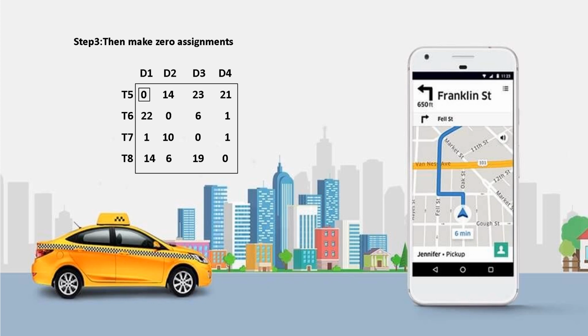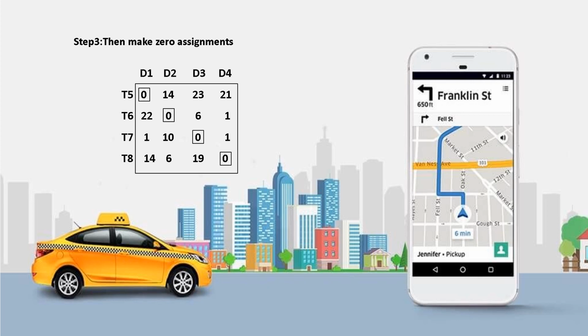Going to the next row, we find the second zero at this position. So we give the assignment to that 0. Then we find the next. So all the zeros are assigned.